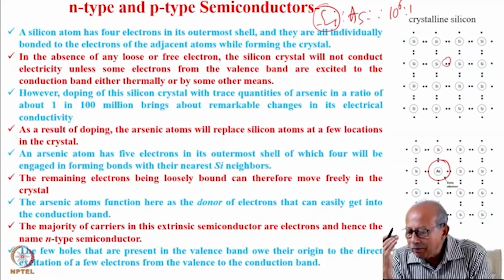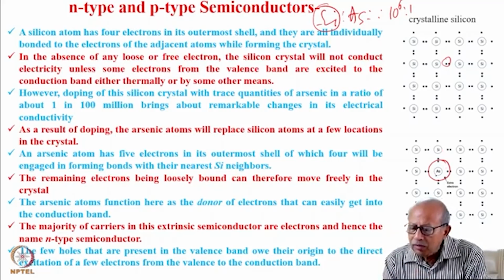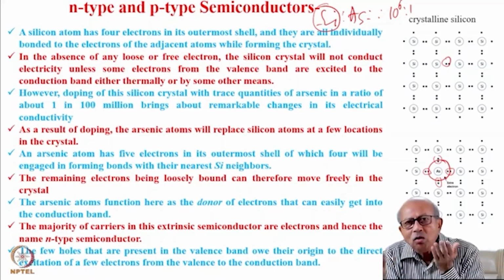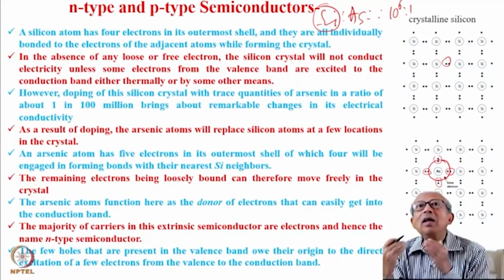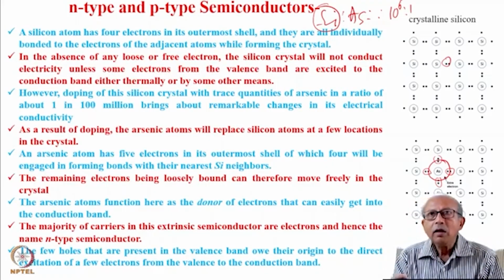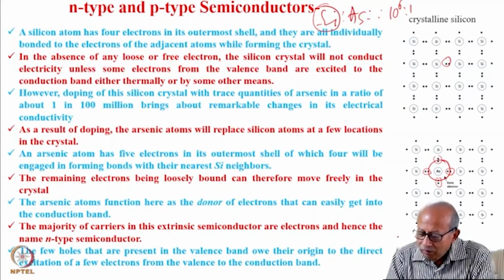Now, arsenic has 5 electrons in its outer shell, and therefore when arsenic replaces a silicon, 4 of the electrons of the arsenic automatically get bonded with the 4 electrons provided by the neighboring silicons. This leaves one electron unbound, and therefore it is relatively free to move in the conduction band. And such a semiconductor is called an extrinsic semiconductor.